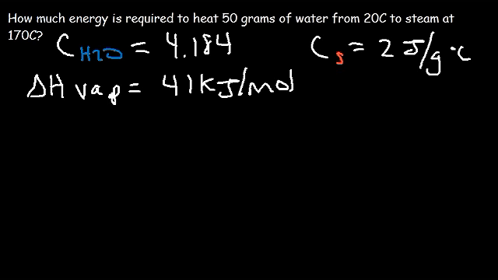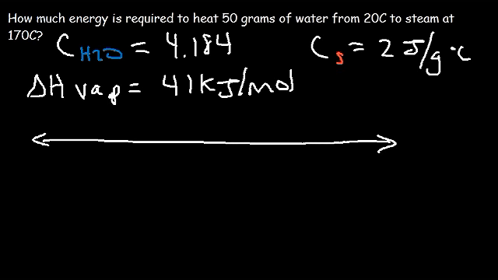So you need to realize that this is a multiple part problem. There's many steps. So let's say if we were to draw a number line. Water boils at 100. The current temperature is 20, and we need to get to 170.